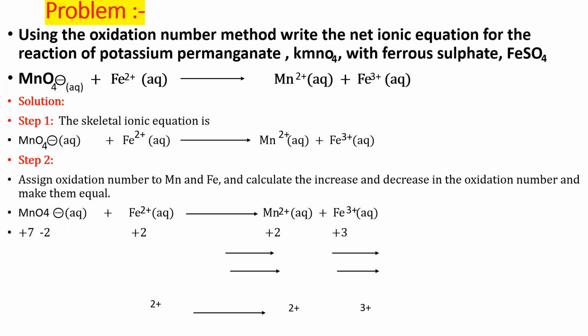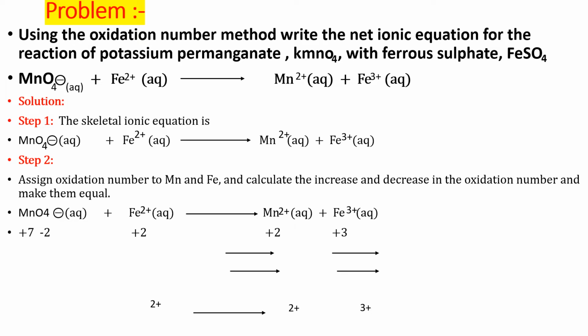Next slide. A simple example is given: using the oxidation number method, write the net ionic equation for the reaction of potassium permanganate, that is KMnO4, with ferrous sulfate, that is FeSO4. The simple equation given is MnO4 minus in aqueous medium plus Fe2 plus in aqueous medium gives Mn2 plus plus Fe3 plus.